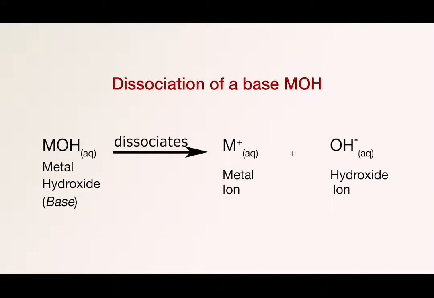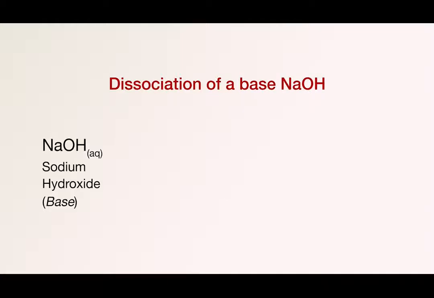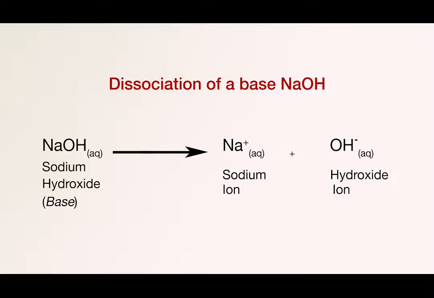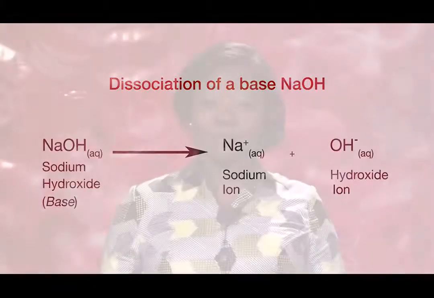The general equation for the dissociation of a base MOH is illustrated on your screen. For example, aqueous sodium hydroxide, which is a base, dissociates to produce sodium ions and hydroxide ions in solution. Since sodium hydroxide dissociates to produce hydroxide ions in solution, it is considered as a base.